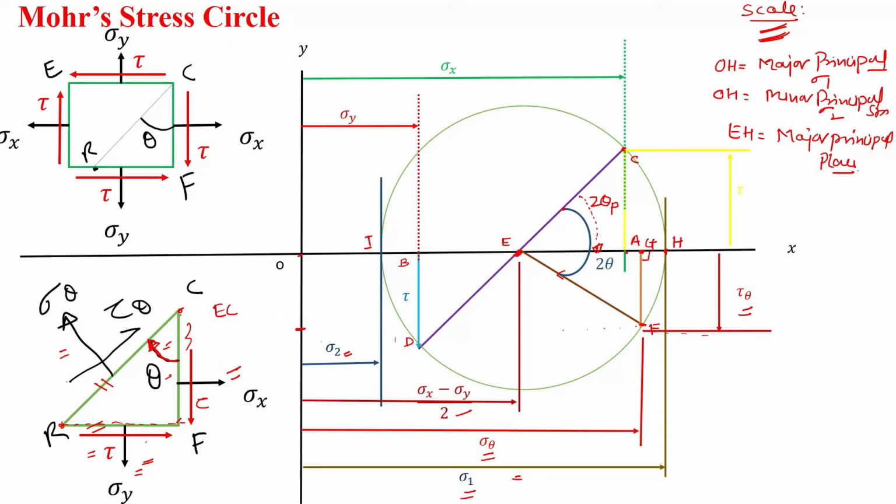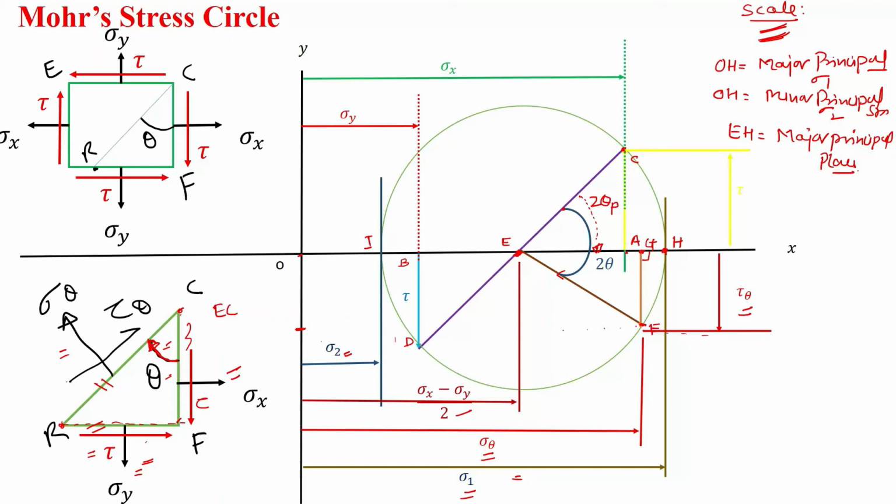If this is a 60-degree angle, just for example, then on the stress circle this will be 30 degrees. So we can measure 2 theta p and find out theta p. This is EH, our major principal plane, and as we know, both principal planes are separated by 90 degrees, perpendicular to each other.